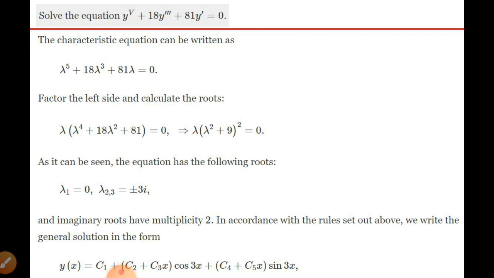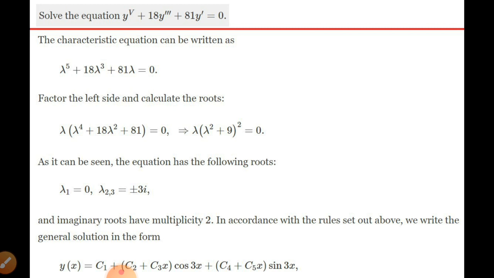Now if we find the roots of this characteristic equation, the roots will be 0 and plus minus 3 iota, but this plus minus 3 iota has a multiplicity of 2, meaning these roots come 2 times. So we have multiple complex roots, or complex roots that are coming 2 times.